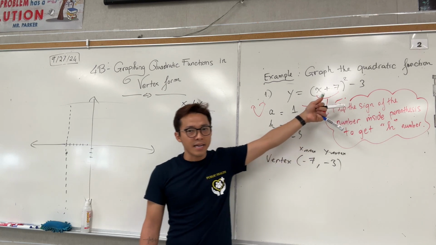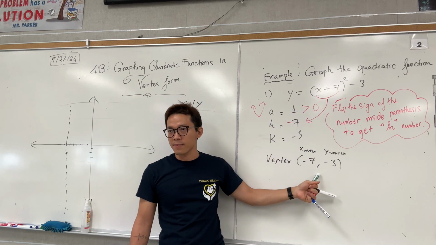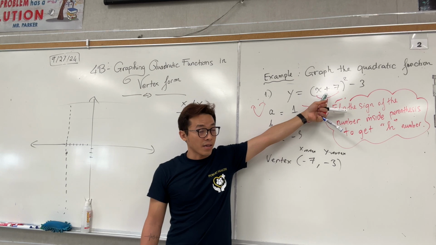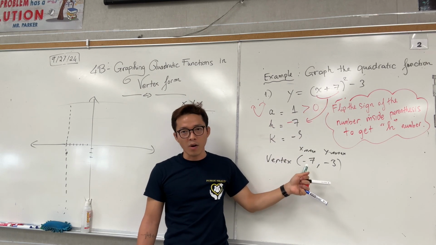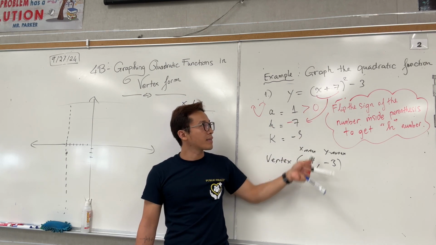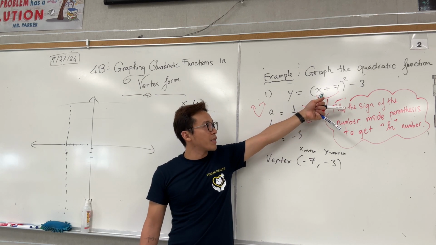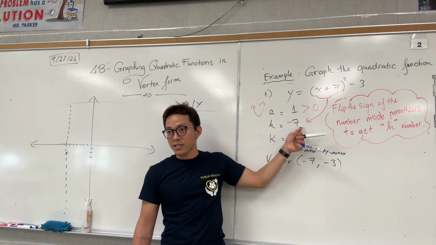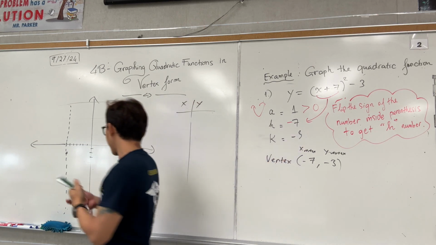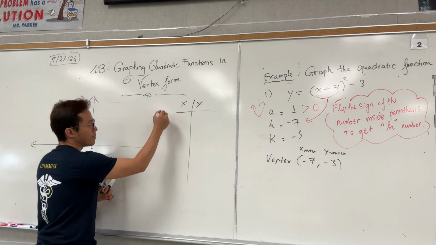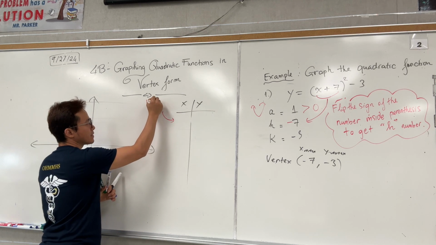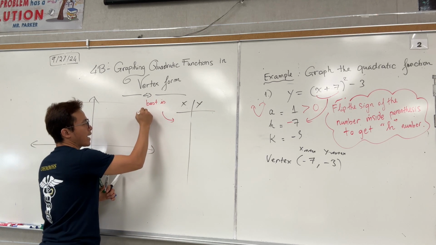You cannot plug in -7 because it will always be the vertex. If you make this one equal to 0, it will always be the vertex. So you cannot do that. You need to make this one become 1. So the only thing we can do is add 1 to the h. Okay? So write down: the best is h plus 1.